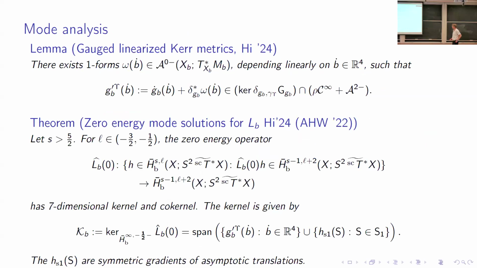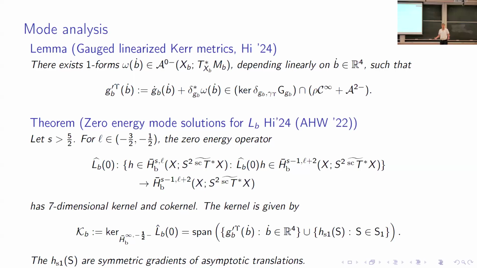So the mode analysis, I won't really speak about the proofs, but just remember that we can now put this linearized Kerr metric into this gauge, and that some of the gauge solutions which appear, we see at the level of modes.